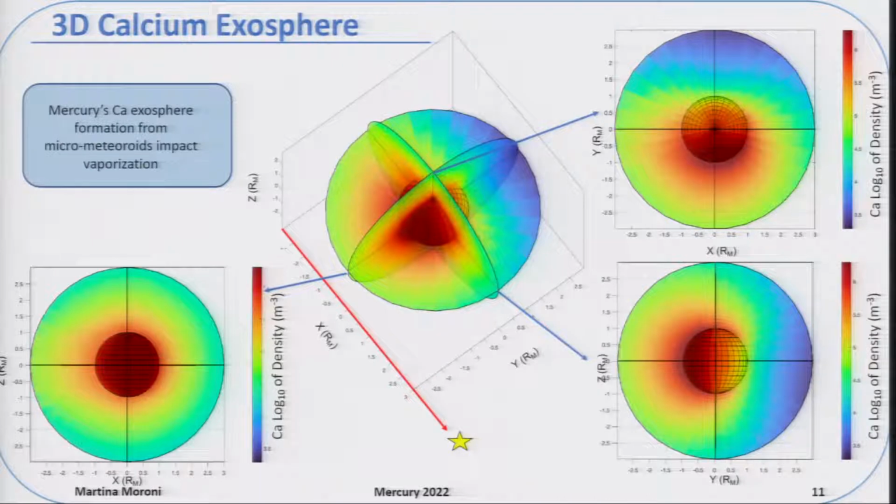So we confirm the enhancement in the downside, and the dusk asymmetry is very clear in this view. If we concentrate on this figure, we can also see an asymmetry between this quadrant and this other quadrant, which is denser than the other. This is because in this quadrant there is the sum of the contributions of the thermal and the energetic calcium, so there is a zone denser than the other.